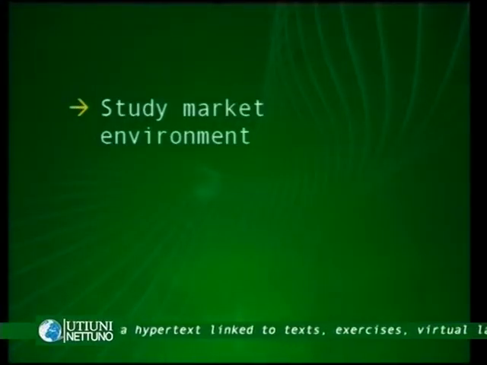Let's start with it. First of all, we have to study the market environment. So shortly we will deal with the idea of market environment, and we will see that we have different actors interfering or benefiting to and from the enterprise decisions.